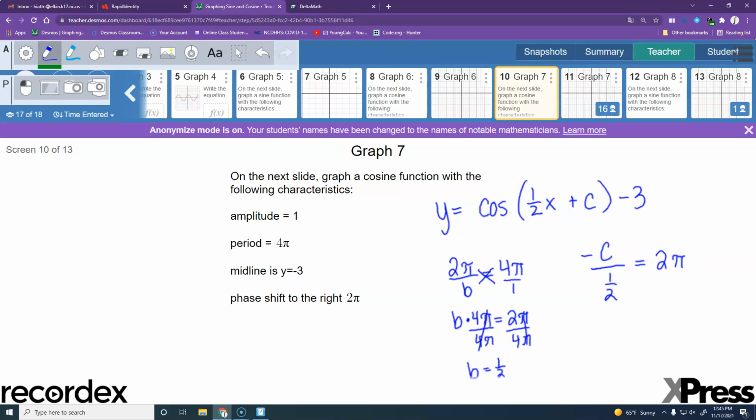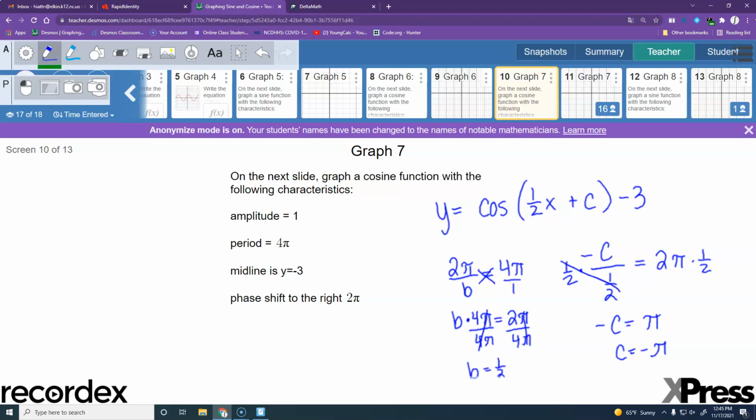So how do we solve that? Multiply both sides by the 1/2. It'll cancel there. Half of 2 is 1. So you get negative c equals 2 pi, I'm sorry, pi. So c is negative pi.